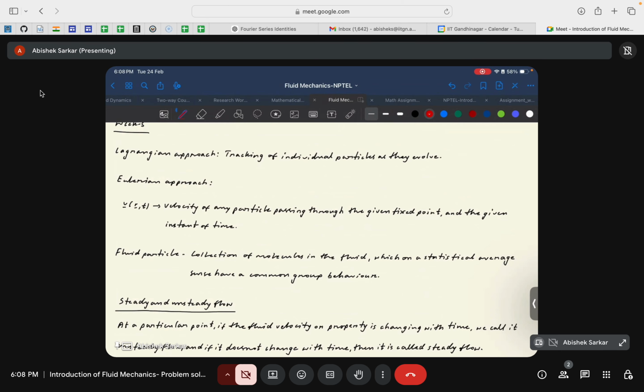But still, just to recapitulate, we know that Lagrangian approach basically deals with tracking of individual particles in the flow field as they evolve in the flow domain. We will follow each and every particle and see what are the forces that act on the particle by evaluating the velocity field and the acceleration of each and every particle.